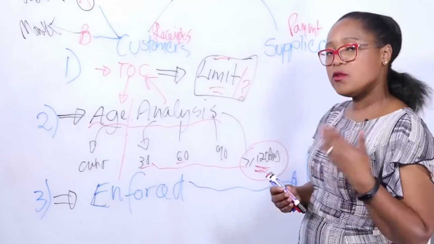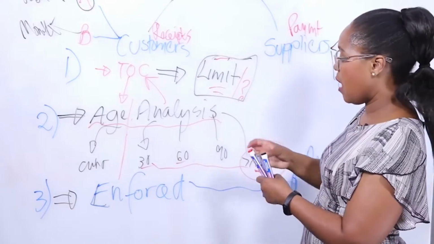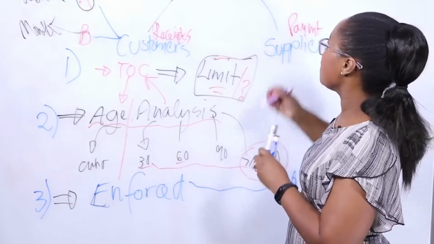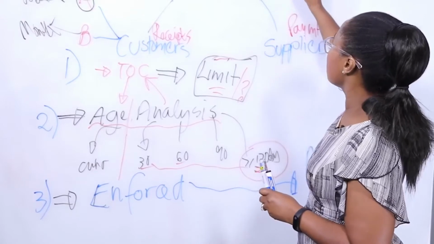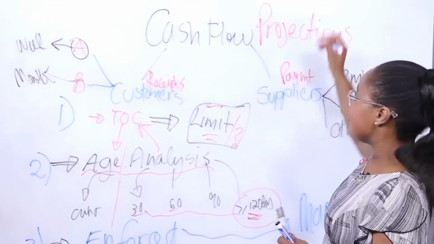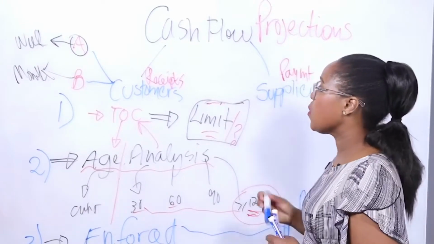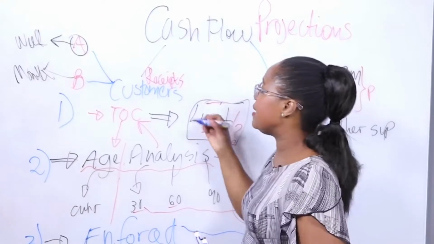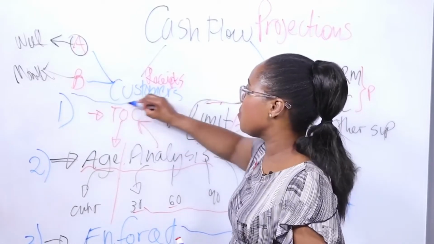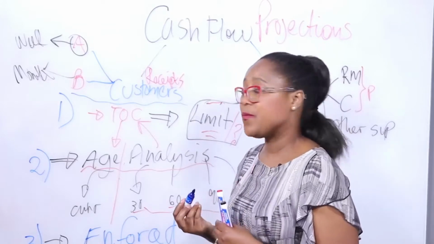Now, as you're building up your business, when you are being asked to prepare cash flow projections, the same principle will apply. You will start by listing all the customers that you are expecting to be paying you.